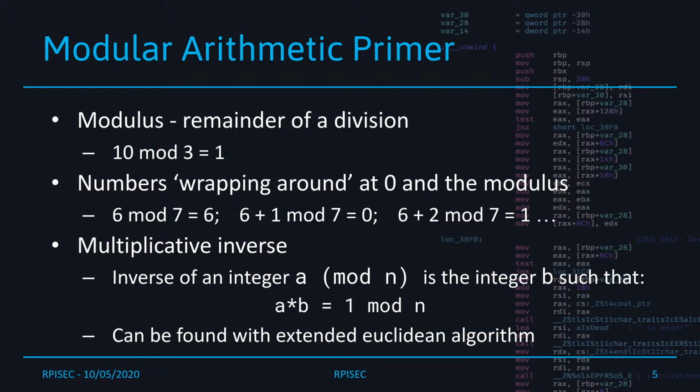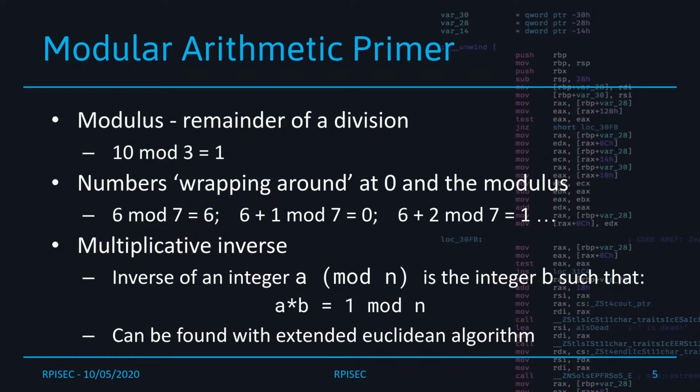So if you modulus 10 by 3, what you're doing is you're taking 10 and dividing it by 3 and outputting the remainder. 3 times 3 plus 1 is 10, so the remainder of 10 divided by 3 is 1.